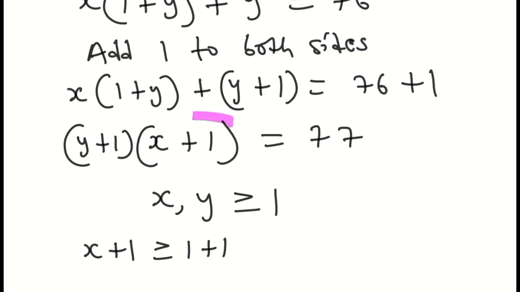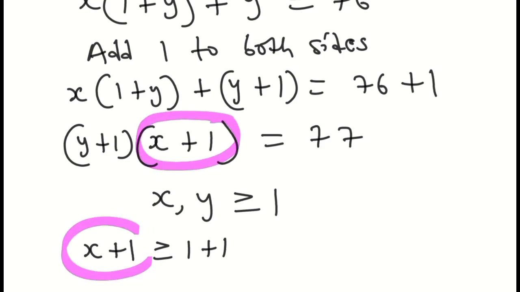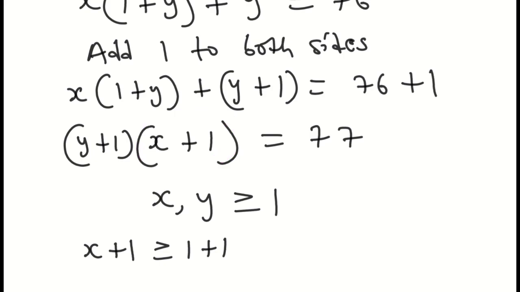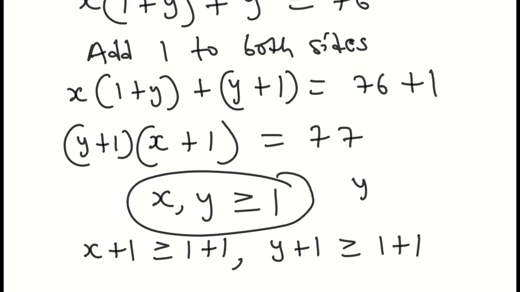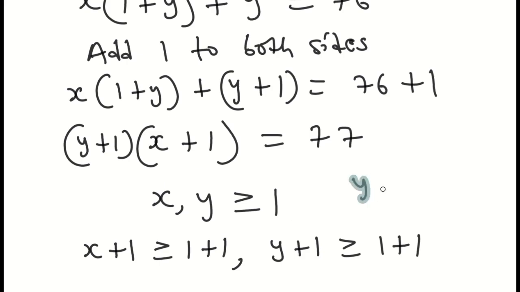Because of what I have here. I'm trying to match this with this. So I'm going to do the same thing to y. It means that y plus 1 would also be 1 plus 1. Remember, y and x are greater than or equal to 1.